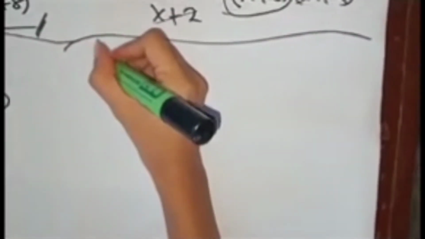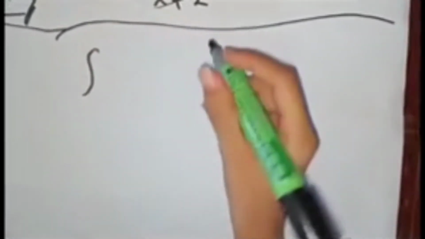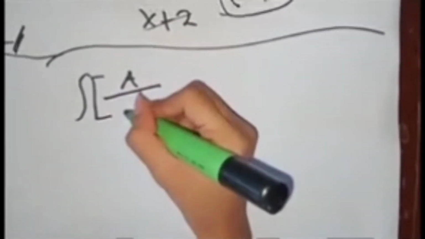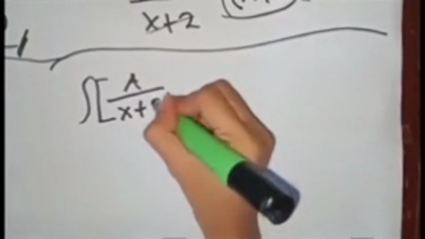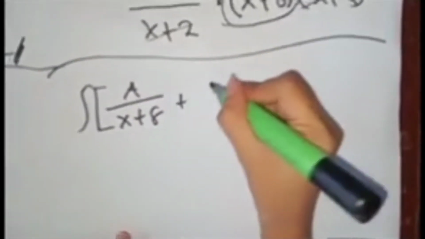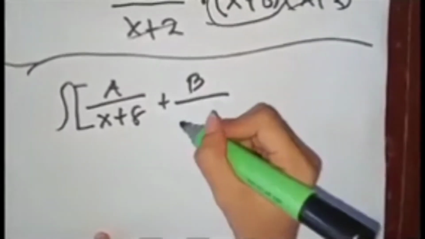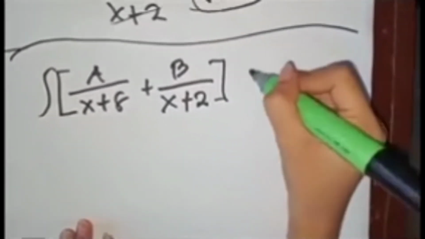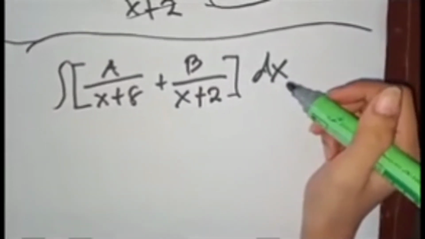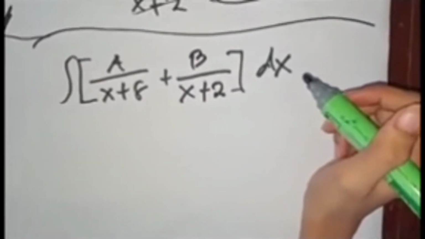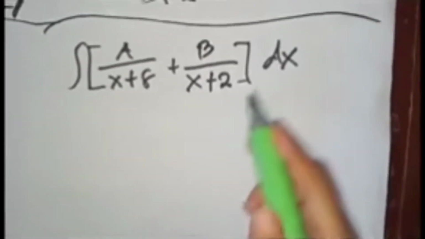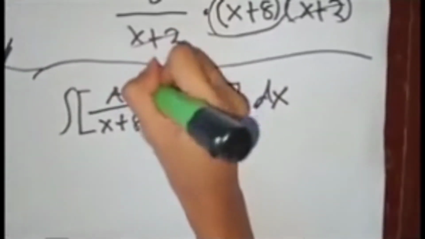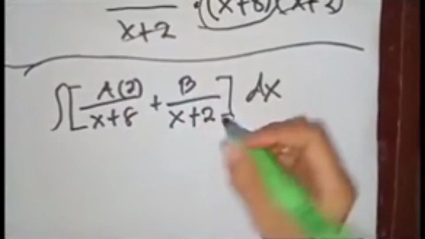Now, we will have the integral of A divided by (x plus 8) plus B divided by (x plus 2) dx. Now, we will replace A with 2 and B with negative 1.